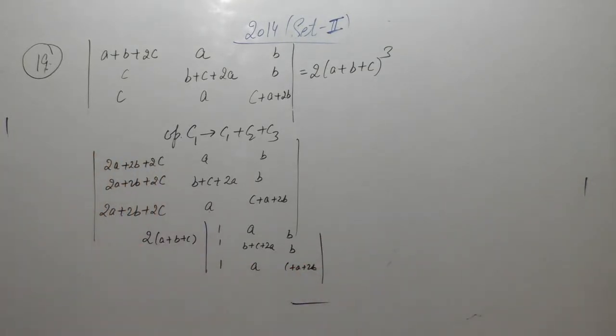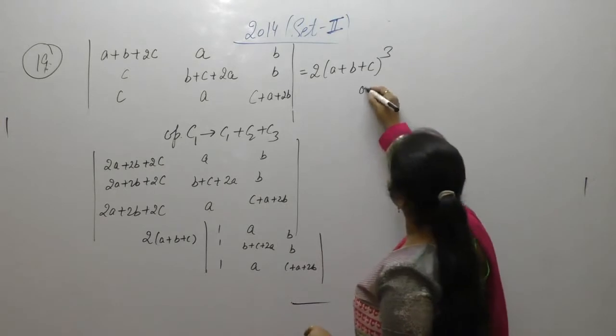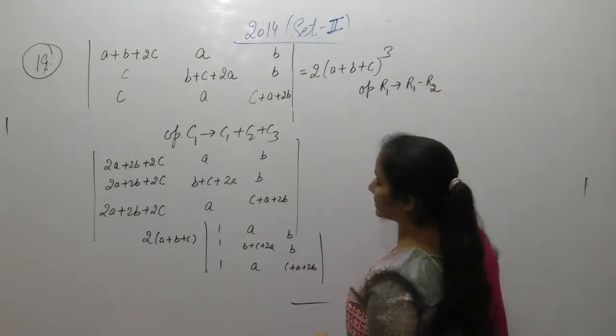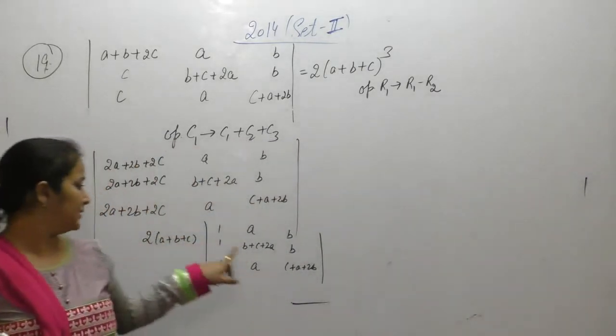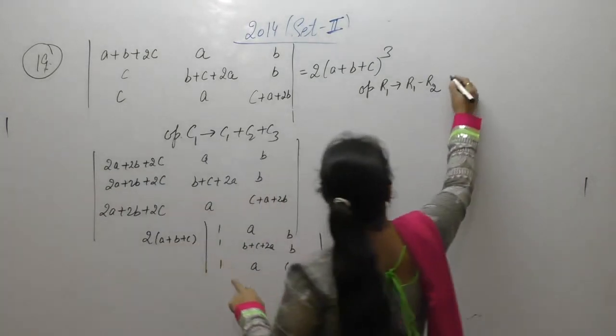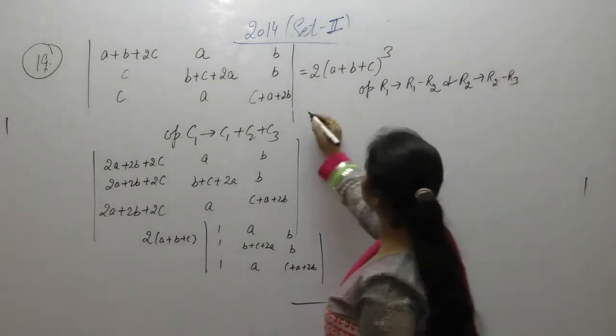Now in the determinant we have to make maximum number of zeros. So operate R1 as R1 minus R2, and then R2 as R2 minus R3.